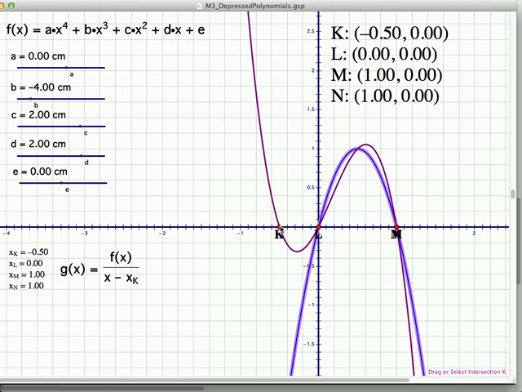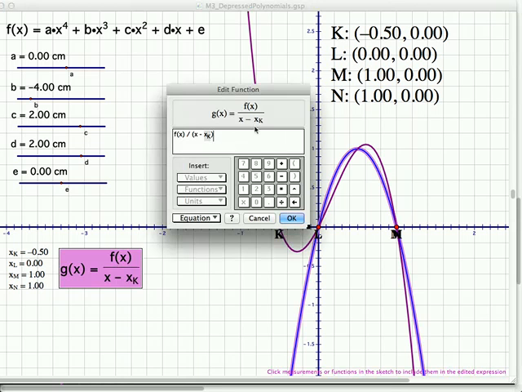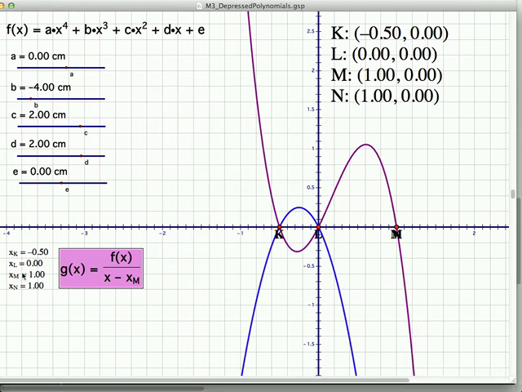So notice if I picked k, the depressed polynomial would have been that. Let's see, I think I can actually switch this. We started with the 1. Yeah, so that's what our depressed polynomial would have looked like, something like that. Interesting. So that's kind of the idea behind this.